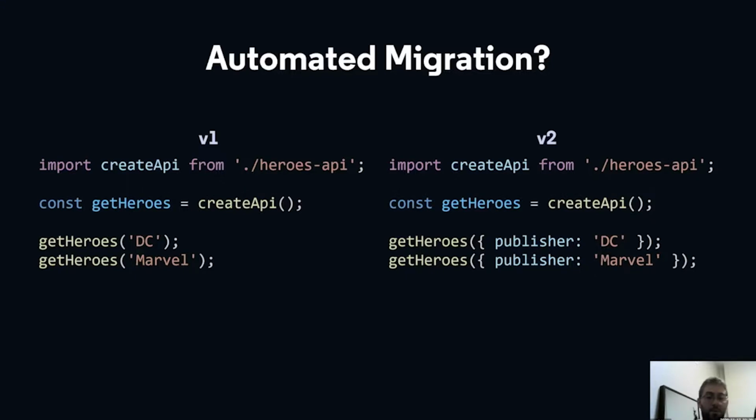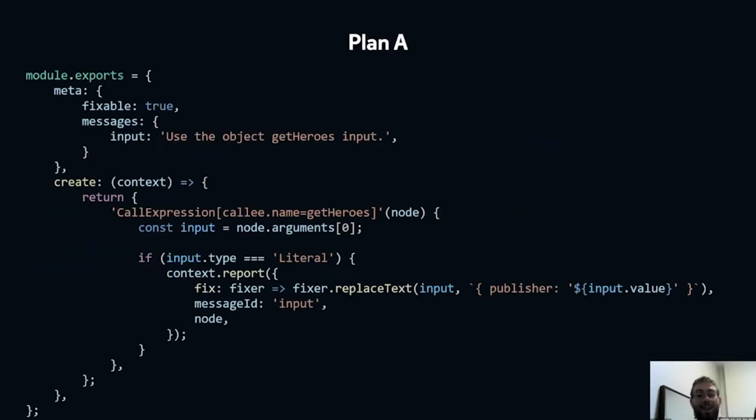It should be, famous last words, relatively simple because this string is just being directly prepended with publisher colon and that whole thing wrapped with curly brackets. This is what the ESLint rule might look like in the original ESLint plan. It's a little more complicated than I prefer, but it's not so bad if you look through it. It's saying that it's fixable, and the input message would be that you should use the object input instead of the string.